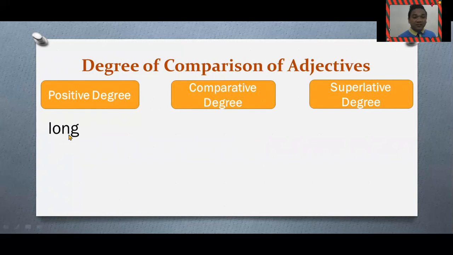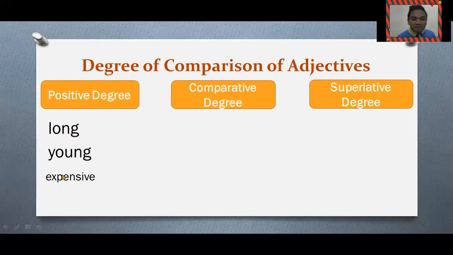So adjective, long. We have here adjective, young. Adjective, expensive. Now, these adjectives here belong to positive degree.